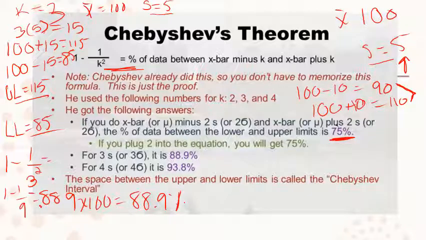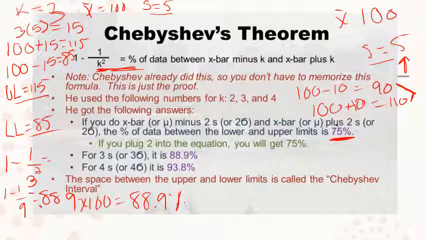The thing about this theorem is that you will only need to really calculate this if you have to. Regardless of what your data is, whatever you choose for k, you're going to get the exact same percentage no matter what.